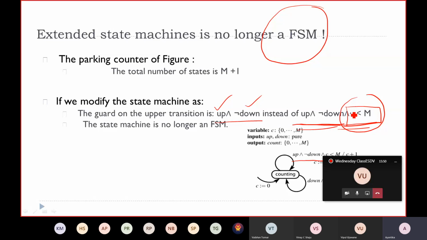So these extended state machines without this particular condition can no longer be considered as an FSM. This is one example. Why are we discussing these parts in detail?